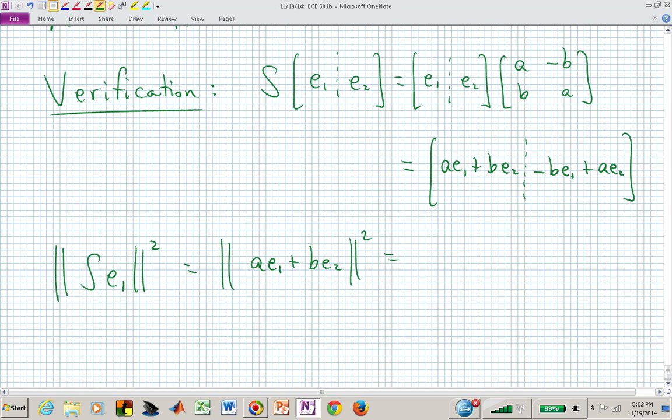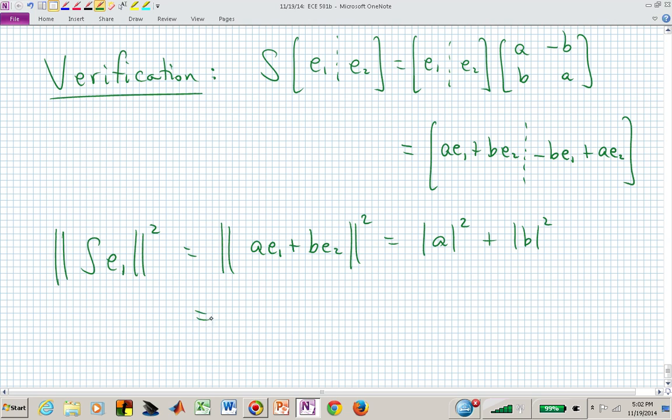And now A and B are just scalars. So that now we have the absolute value of A squared plus the absolute value of B squared, or if we're dealing with the real inner product spaces, that's now A squared plus B squared, and we want that to equal 1.